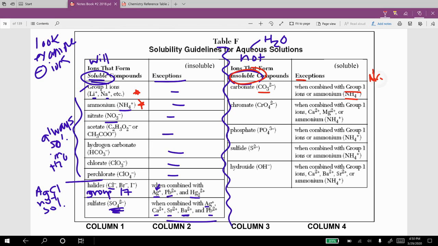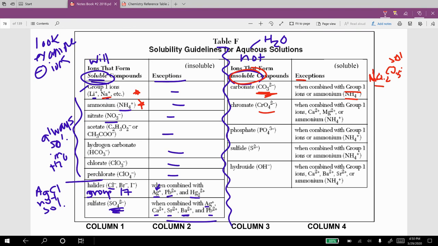If I have sodium carbonate, will it be soluble? Well, carbonates are insoluble, except if it's with something in group 1 or an NH4. Is sodium in group number 1? Yes. So then this would be soluble. But if it's with anything else, like iron, then no, because iron's not in group 1 and iron is not NH4.